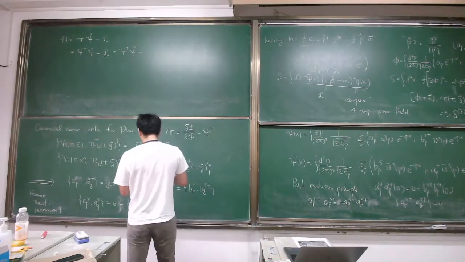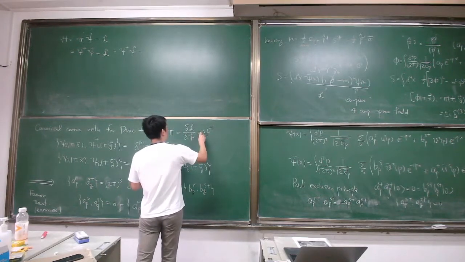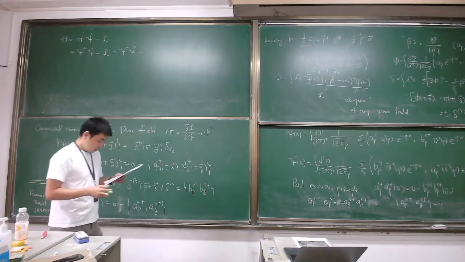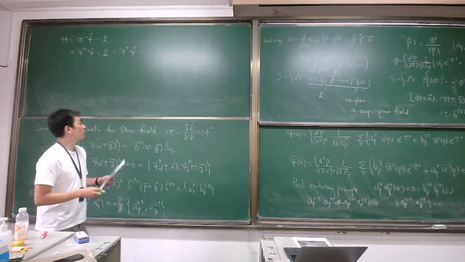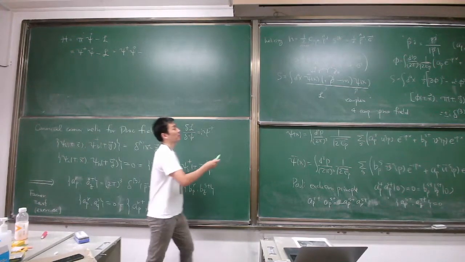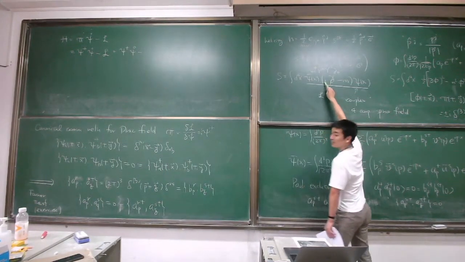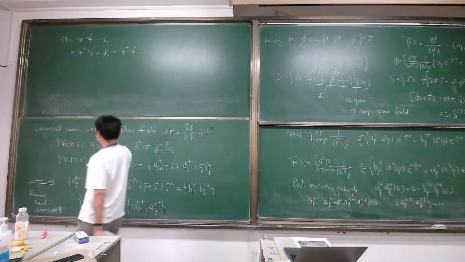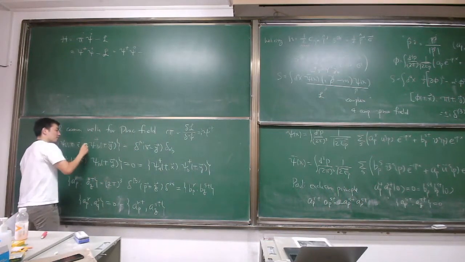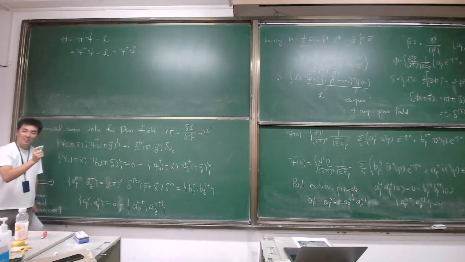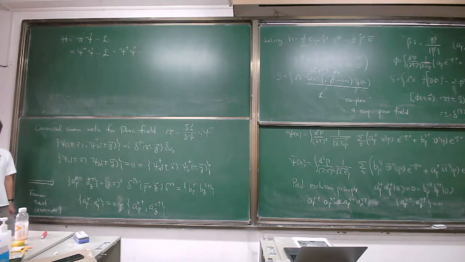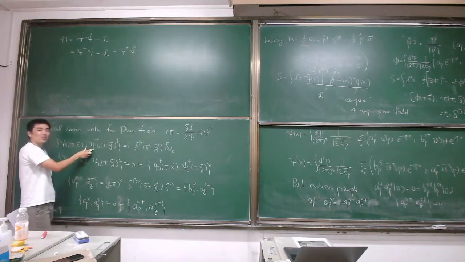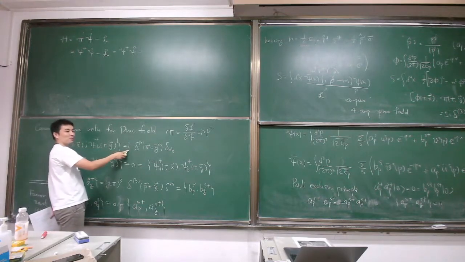Sorry, I missed this i. So more precisely speaking, you need to impose it this way. This is the real canonical conjugate momentum, and you need to put the i here.